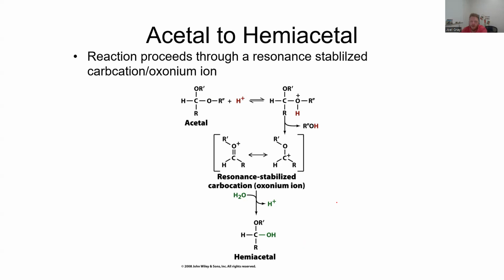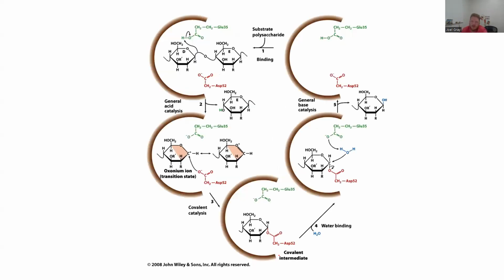Well, in this case, we're going in the opposite direction. We're taking an acetal, which is our oligosaccharide, and we're going back to a hemiacetal. So we're still ending up with a molecule that has a cyclic sugar on it. This is just reversing the reactions that we previously talked about.